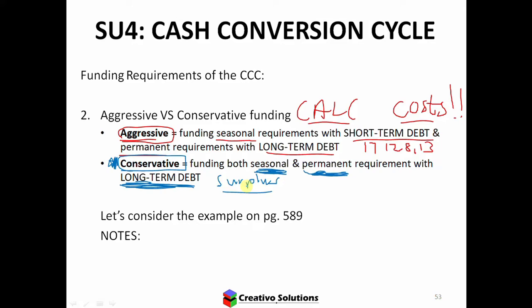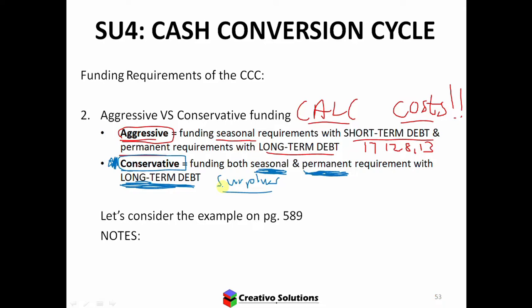That's why when you're doing a calculation here, you'll see a surplus balance that is reinvested at a specific rate to reduce the cost of financing. Because if I'm taking out long-term debt, I'm going to have a total amount. Seasonal and permanent requirements are being met because I have a total amount of funding acquired using long-term debt, and I'm only going to be using some of it when I need it.